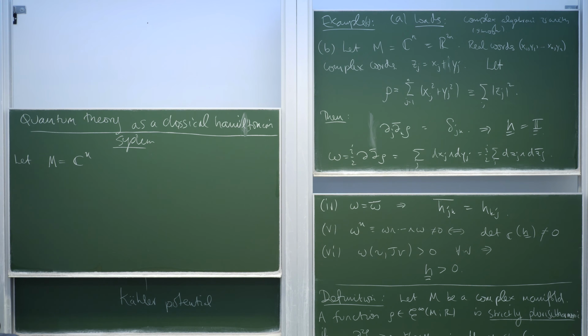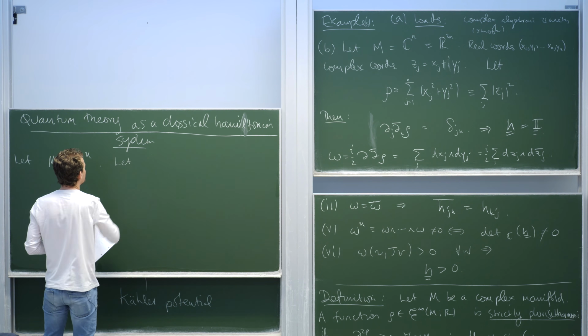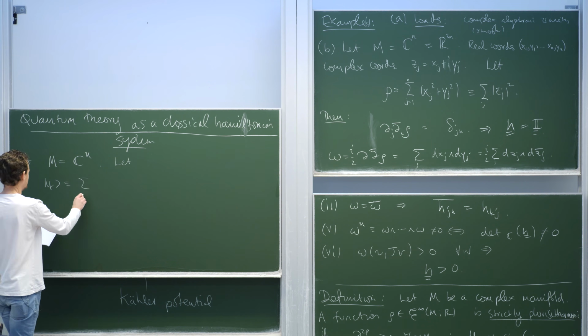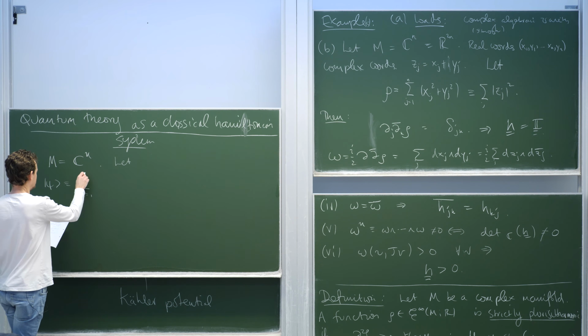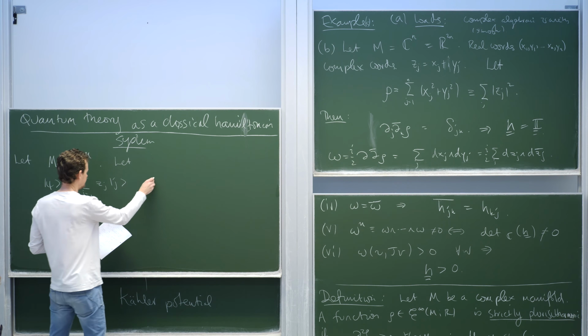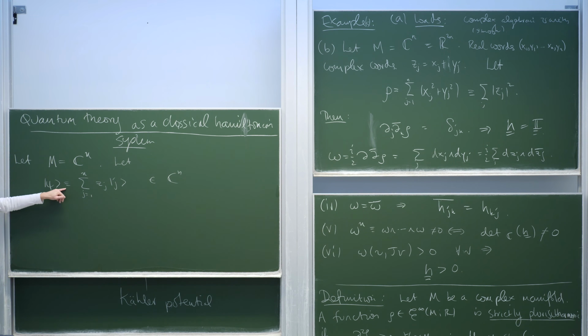All right, let's take M, our Kähler manifold, as just the complex numbers C^n. And let's write out a ket in terms of a basis. Elements of this complex manifold, you can think of them as state vectors, if you're so inclined.